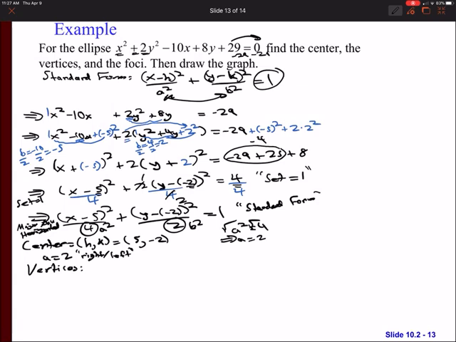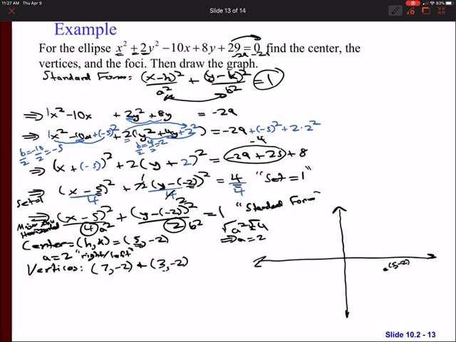A is with x. So if you're looking at (5, negative 2), what's right 2 units from (5, negative 2)? We would add 2 to the x-coordinate. We'd be at (7, negative 2). And what would be left 2 of (5, negative 2)? You subtract 2 from the x-coordinate. That'd be (3, negative 2). There are your vertices. If you want to graph it, you could now easily get a quick sketch. If I plot (5, negative 2) somewhere down here, here's our center.